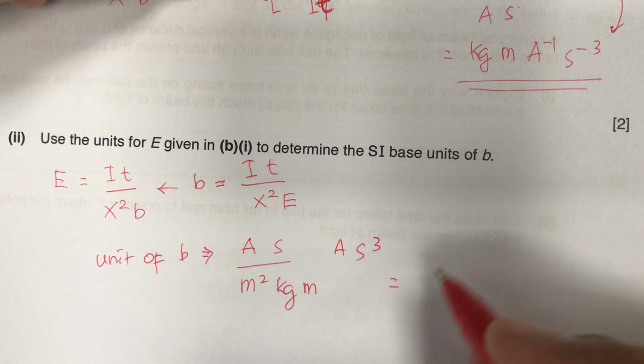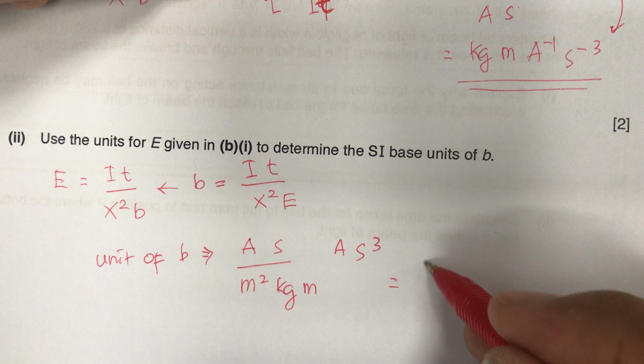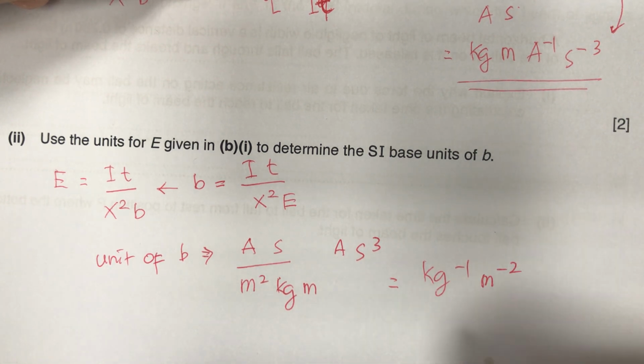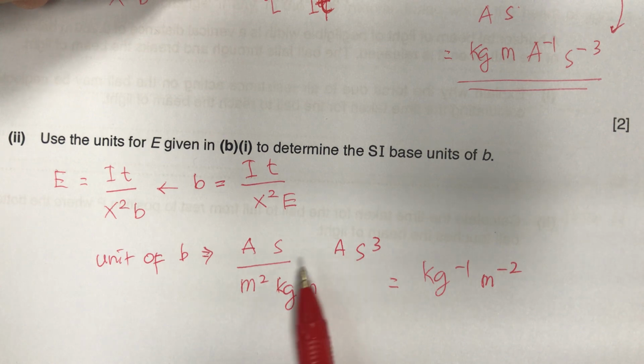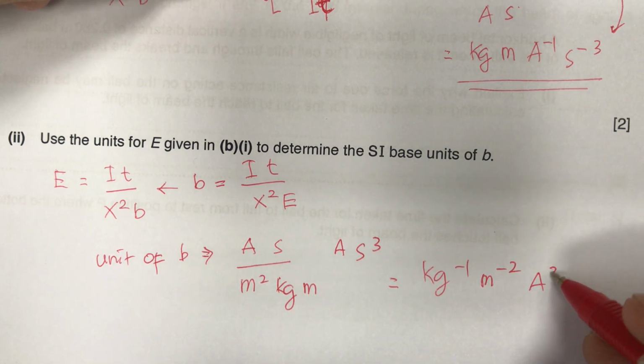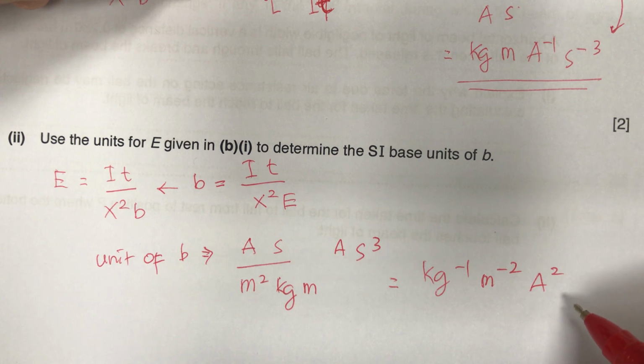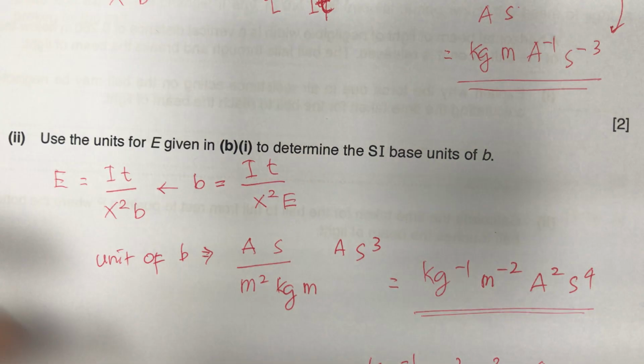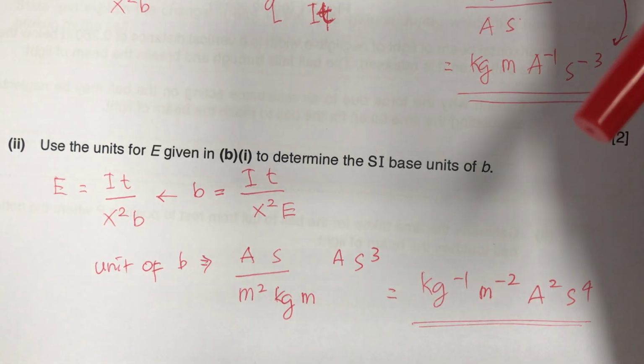So it's like kilogram minus 1, then meter minus 2, because it comes up, and ampere squared, and second to the 4. Okay, this is the unit of B: kilogram minus 1, meter minus 2, ampere squared, and second to the 4. Okay, continue to the next number.